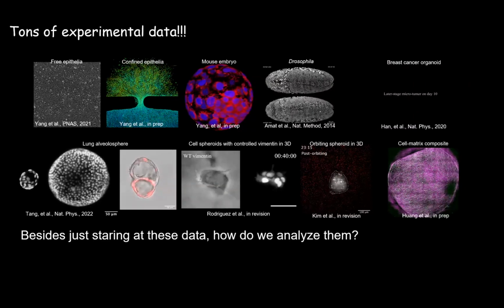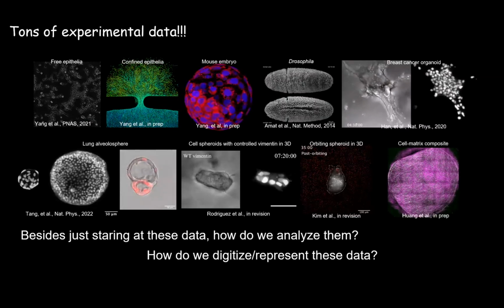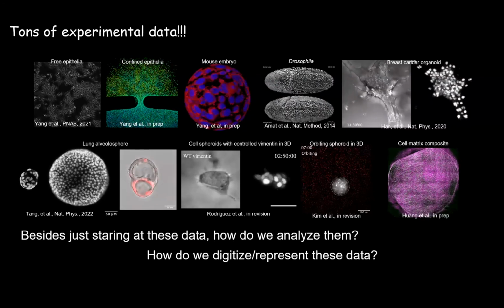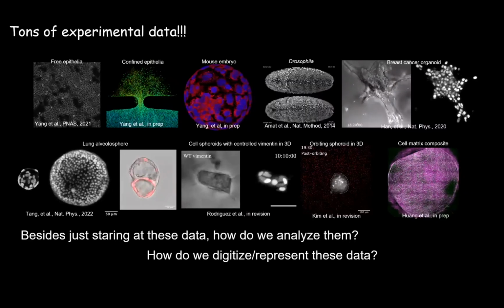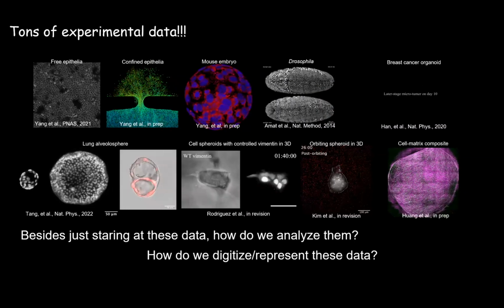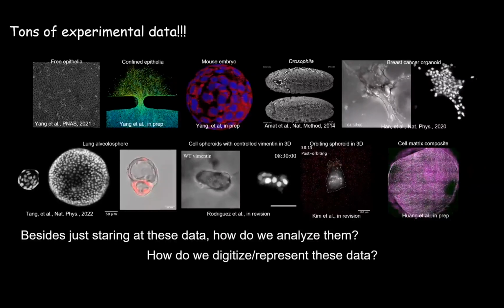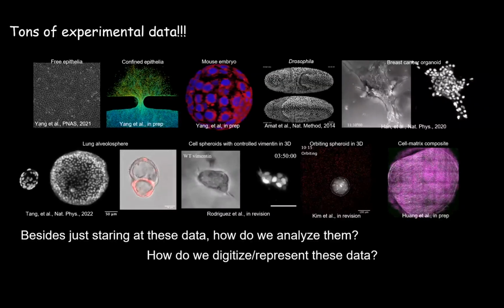So from that perspective, machine learning naturally came into our minds. We're thinking, what can we do with it? With the help of machine learning, can we start to pipeline some of these processes to have a much higher throughput analysis to help us understand what's going on in the system, okay?